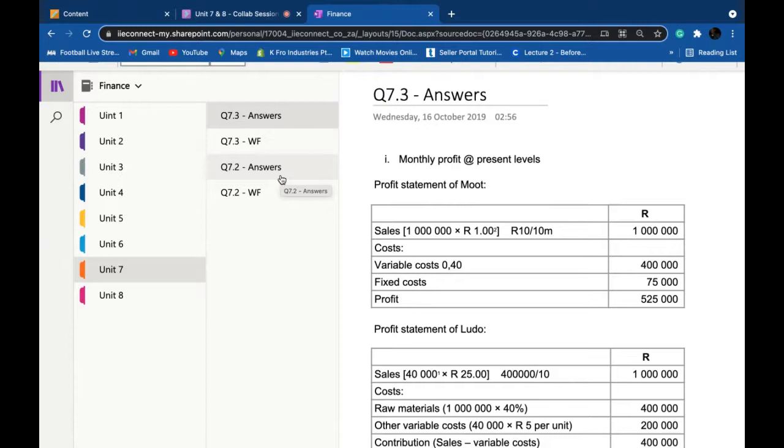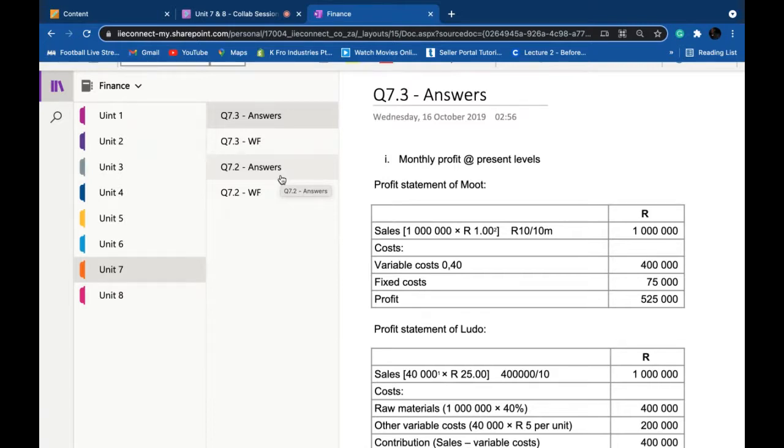The question was to suggest an ideal transfer price. So basically they averaged it out between their variable cost and the market price. So that's how they handled that.